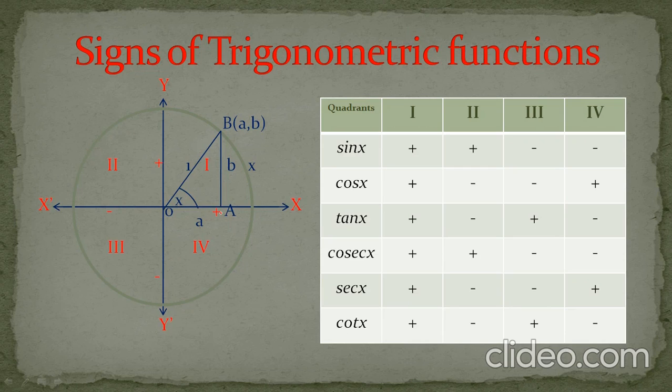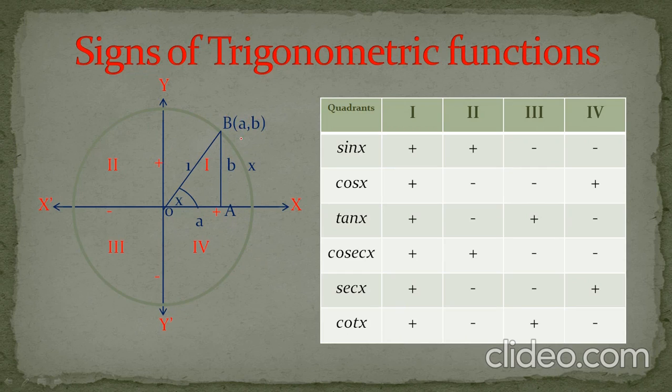Now if we find out cos x, that will be base upon hypotenuse, that is equal to OA upon OB. Now OA की वैल्यू है A और OB की वैल्यू कितनी है 1, तो cos x की वैल्यू कितनी आ जाएगी A. And same way sin x will be AB upon OB, that is perpendicular upon hypotenuse, तो उसकी वैल्यू कितनी आ जाएगी B upon 1, that is B. So in order to check the sign of sin x, we will see the sign of B, and for cos x we will see the sign of A in each quadrant.